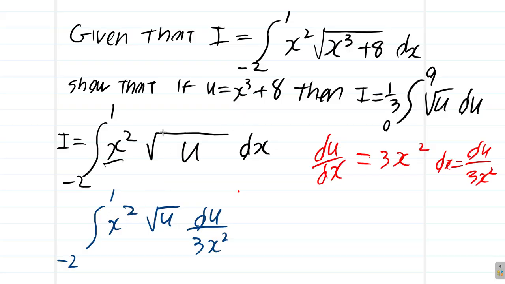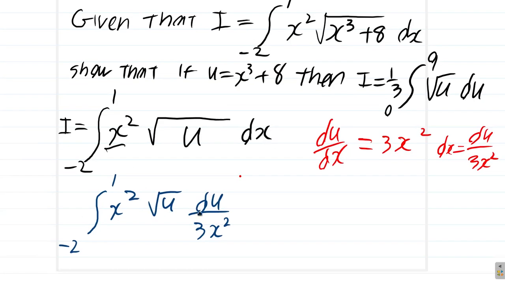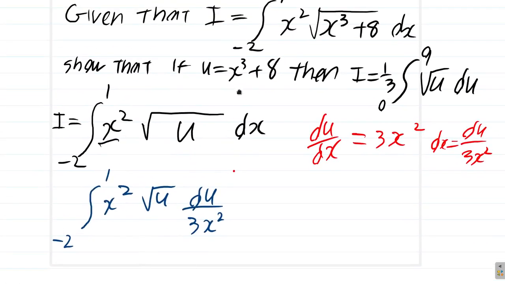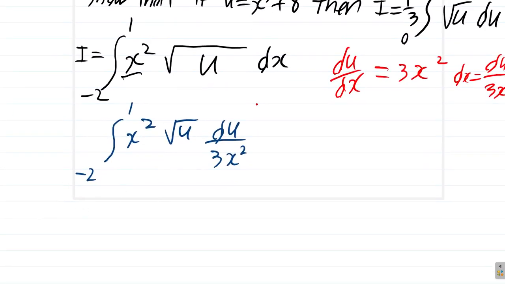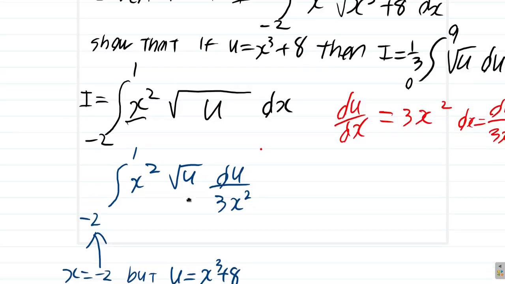Now notice, x was -2. So at this point, x equals -2, but u is x cubed plus 8. See that?